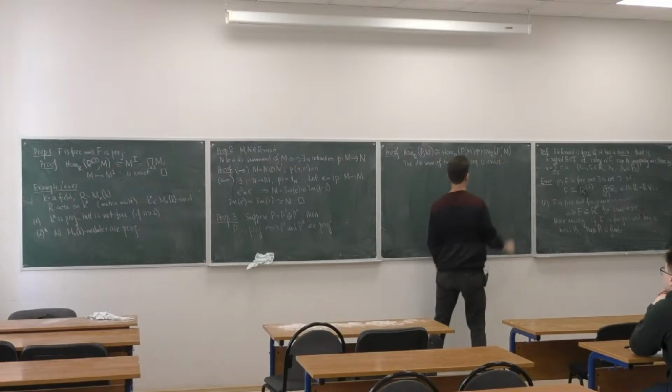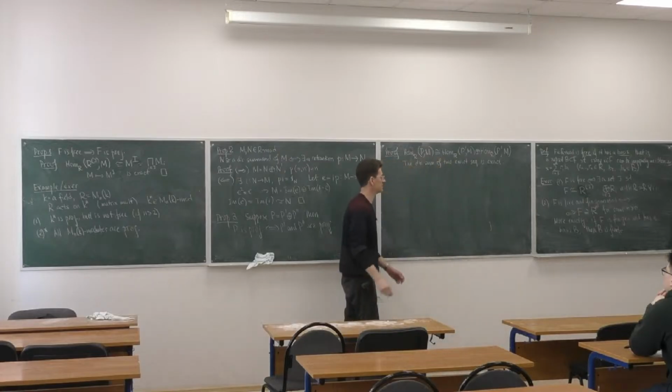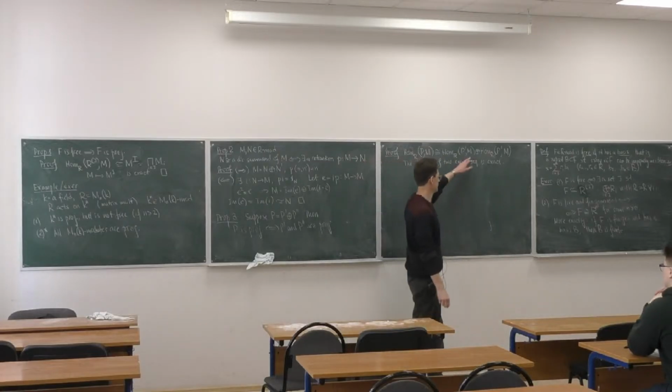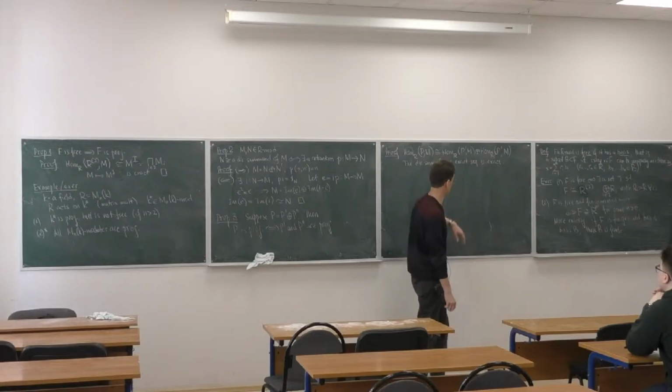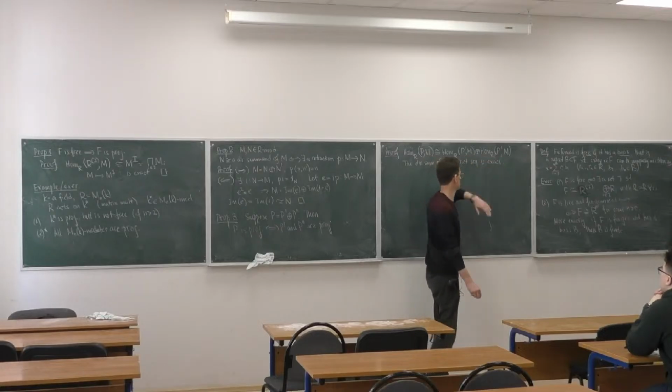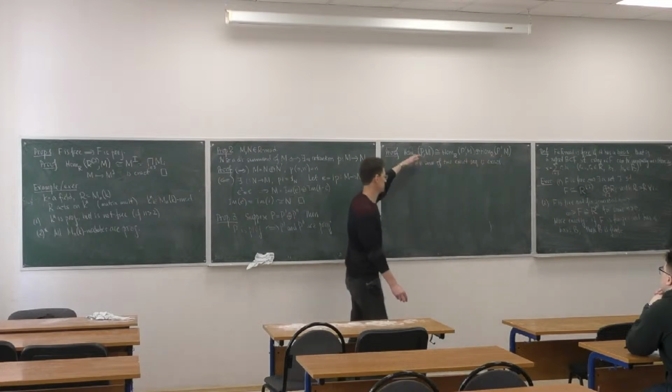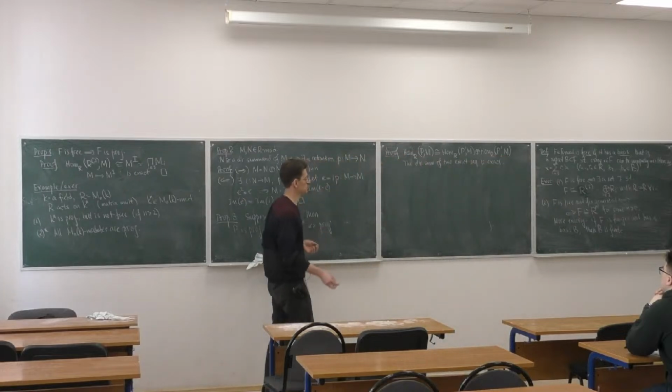And so if both P prime and P double prime are projective, then for every exact sequence M of left R modules, this sequence is exact and this one is exact. So this one is also exact, and hence P is projective.